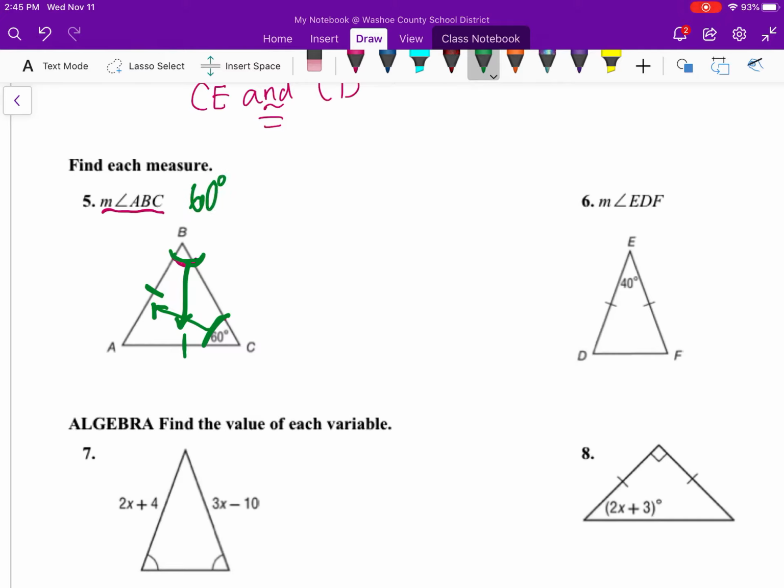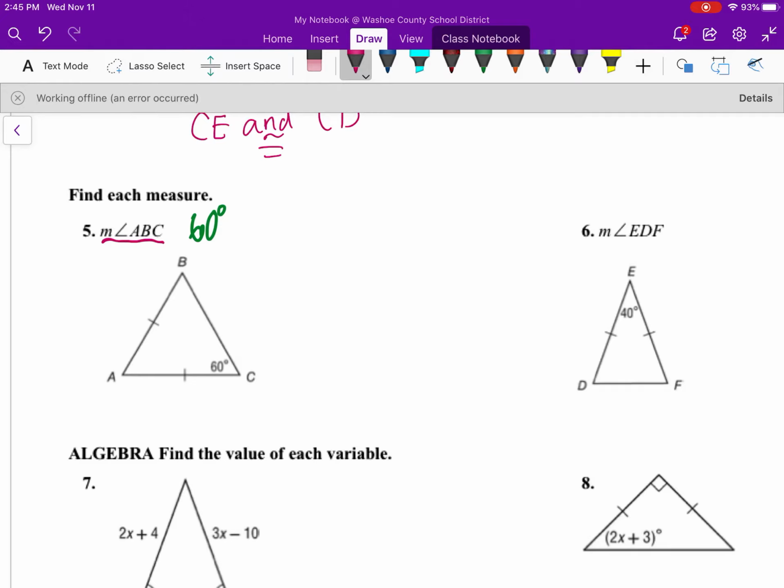Okay, so go with the information you know for this picture. Again, let me clear it and do that one more time. The sides are congruent, so then their opposite angles will also be congruent. That's how I know that the angle is 60.